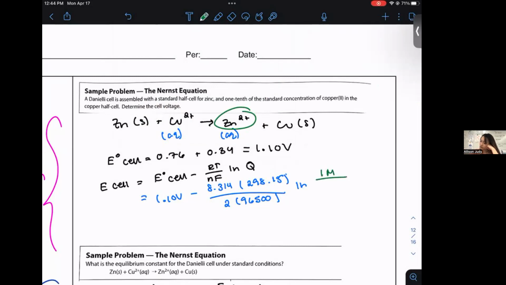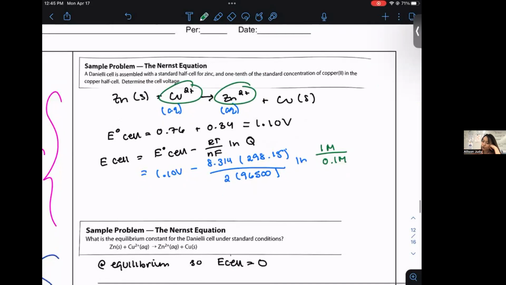Copper would be on bottom, your reactant species, because we don't ever include solids, and it's 1/10 of it, so 0.1 molar. Any aqueous solution that's standard is 1 molar. And you should have gotten a value around positive 1.07.